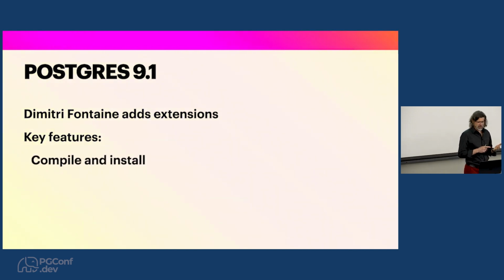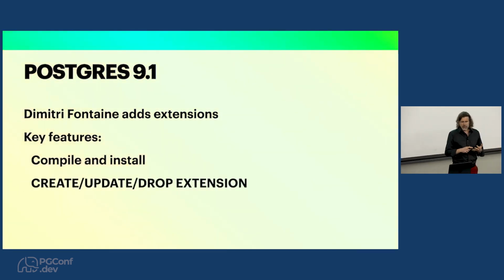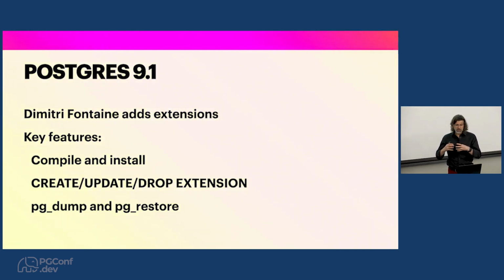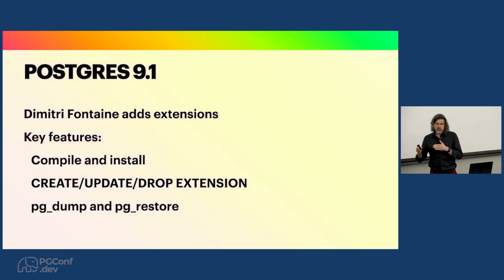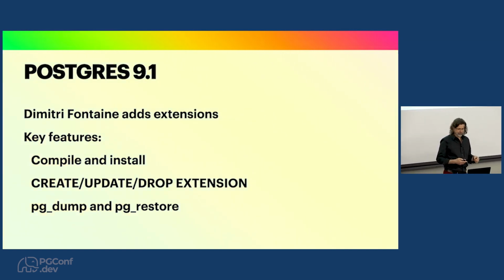The key features of this patch were support for compiling and installing your extensions, whether they're C or SQL; a sugar for creating, updating, and dropping extensions, where all the parts of your extension can be put in a single bundle that can be handled more or less as a single object; and pg_dump and pg_restore support, so that when you dumped a database, it would dump just the create extension command, and not all your objects.